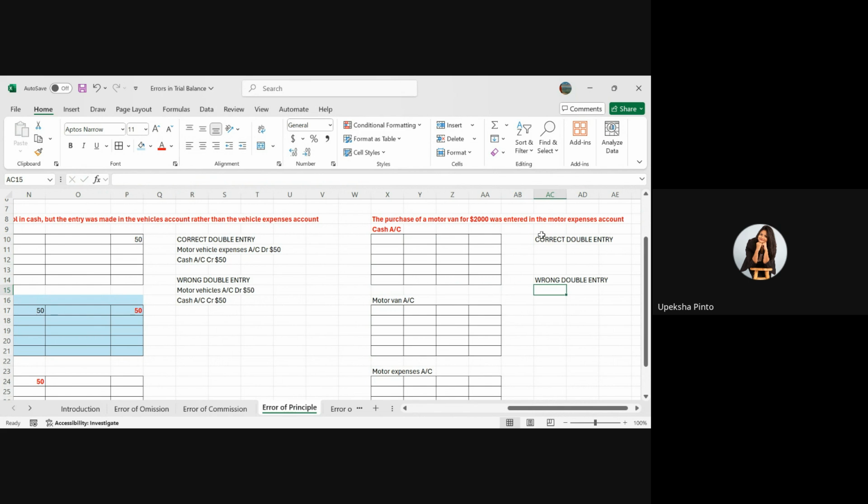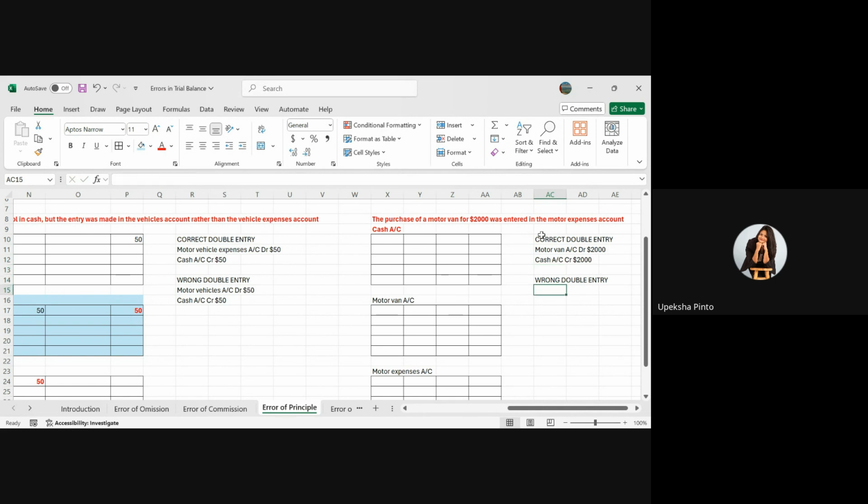That should be motor van account debited by 2000 and cash account credited by 2000.